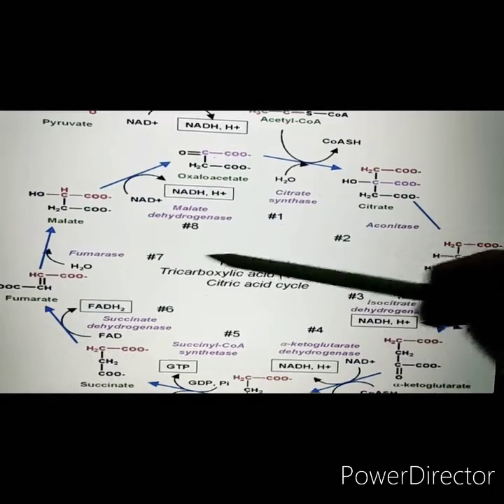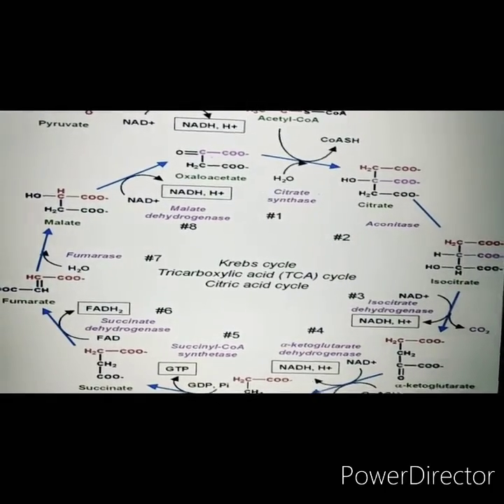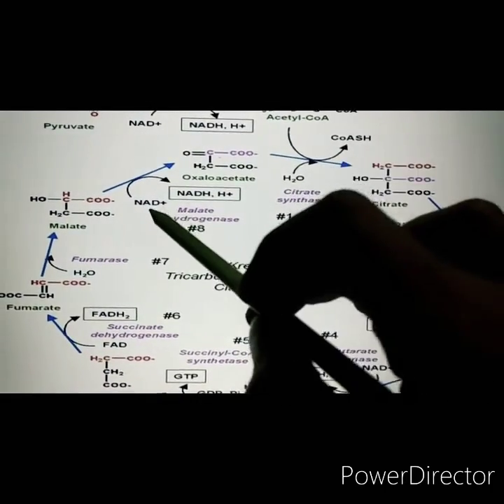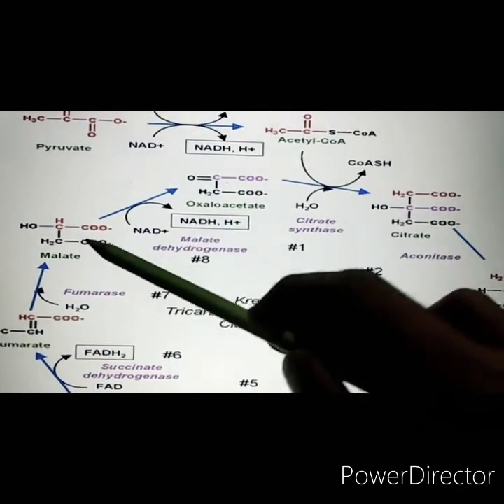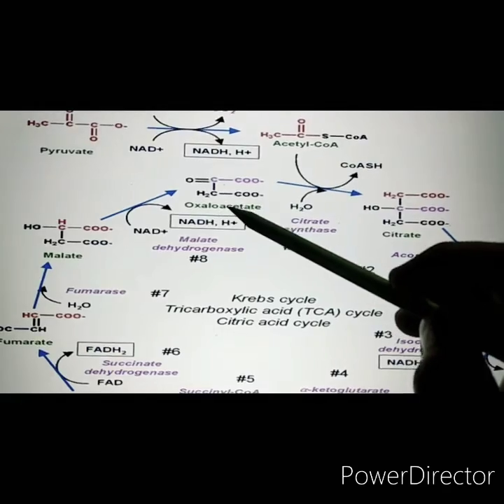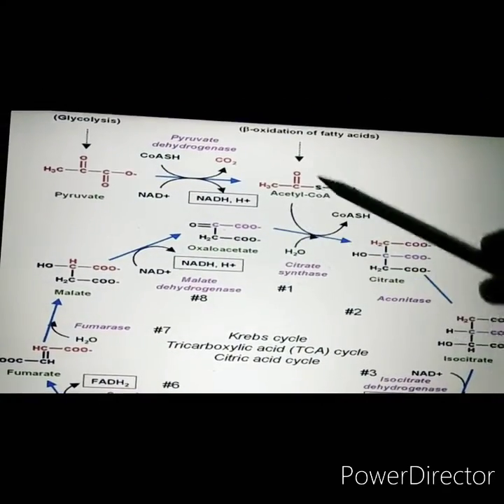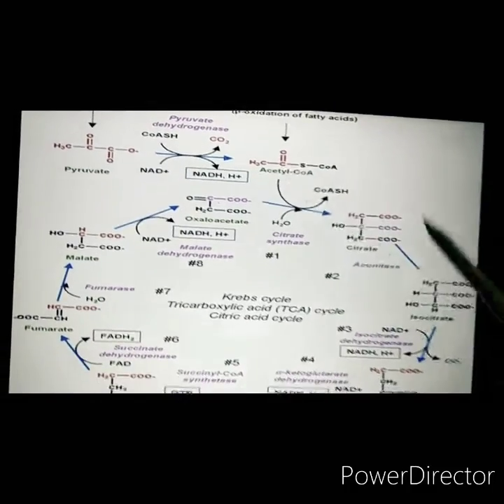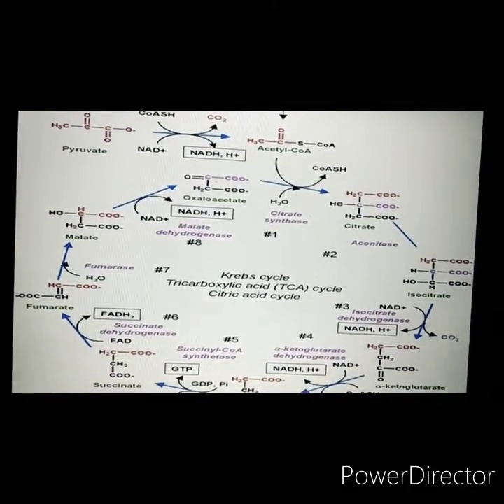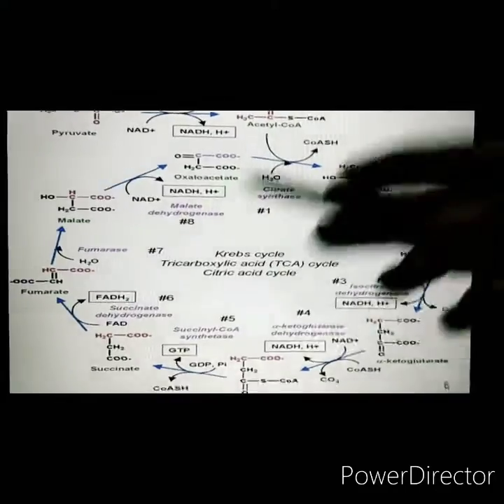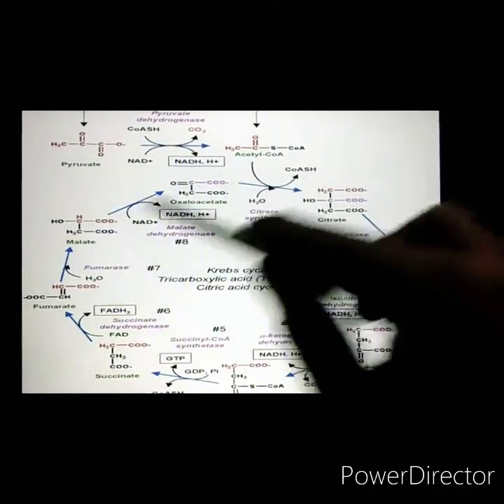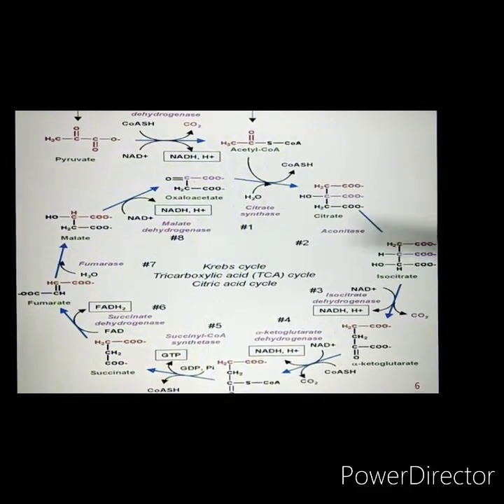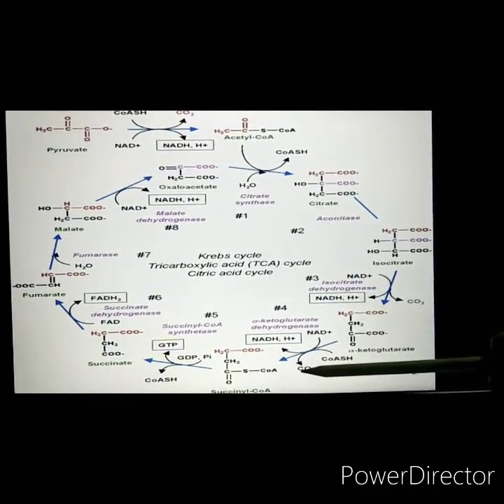So dehydrogenase is responsible for removal of hydrogens from the substrate and reduction of the coenzymes. So here malate dehydrogenase enzyme converts malate to oxaloacetate. Now this oxaloacetate again accepts another acetyl-CoA molecule and the cycle restarts.